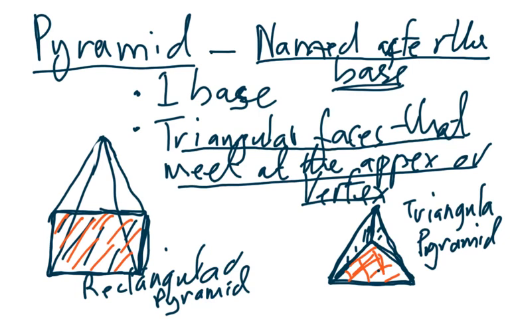Again, it follows the properties, that is, a triangular base and triangular faces. If we go back to that one, it is a rectangular pyramid, rectangular base, and triangular faces meeting at the apex. So that's how we define a pyramid, and that's what differentiates it from a prism.